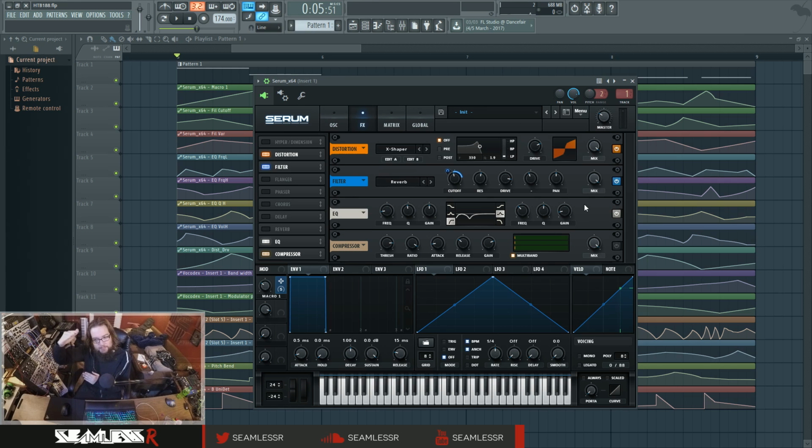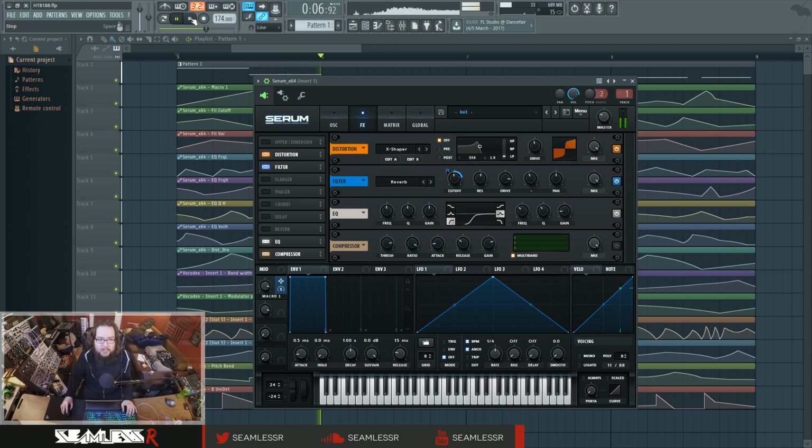You can make it go either way, and you can control its position, and you can control the Q or the bandwidth, and so I'm automating all three of these, and they're more or less going in random directions. After that, it's going into the compressor.